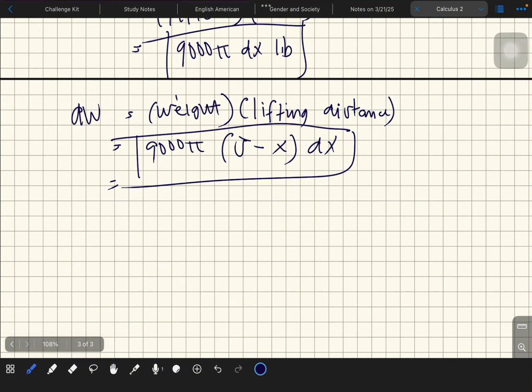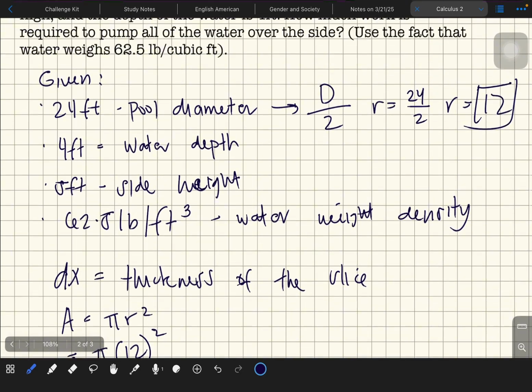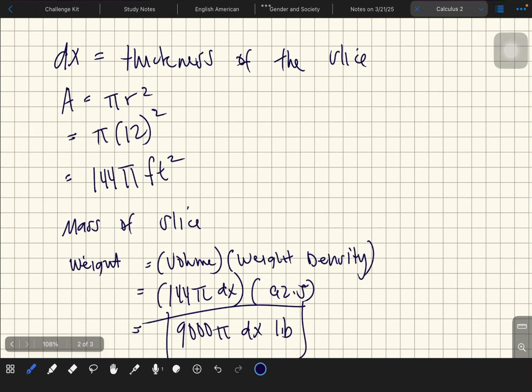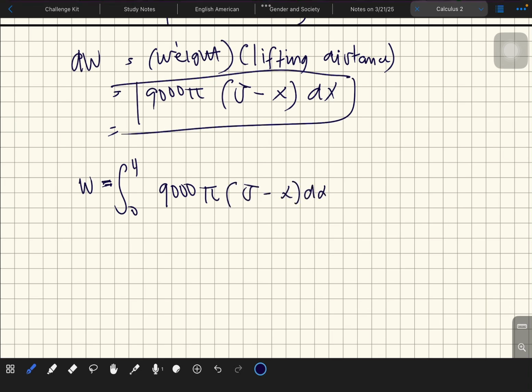So now, to find the total work, integrate from 0 to 4. Why 0 to 4? Because the water extends from depth 0 to 4 feet. So our constructed equation here is the integral of 9,000 pi times (5 minus x) dx.